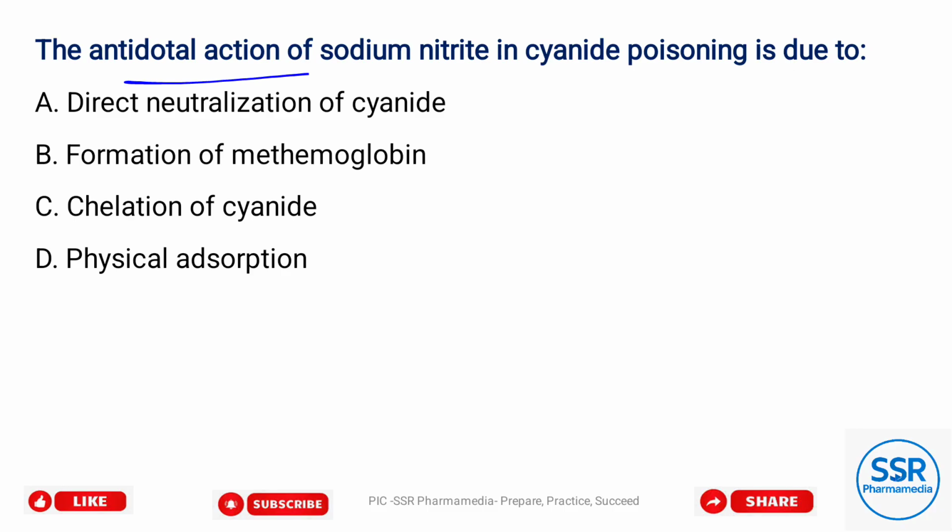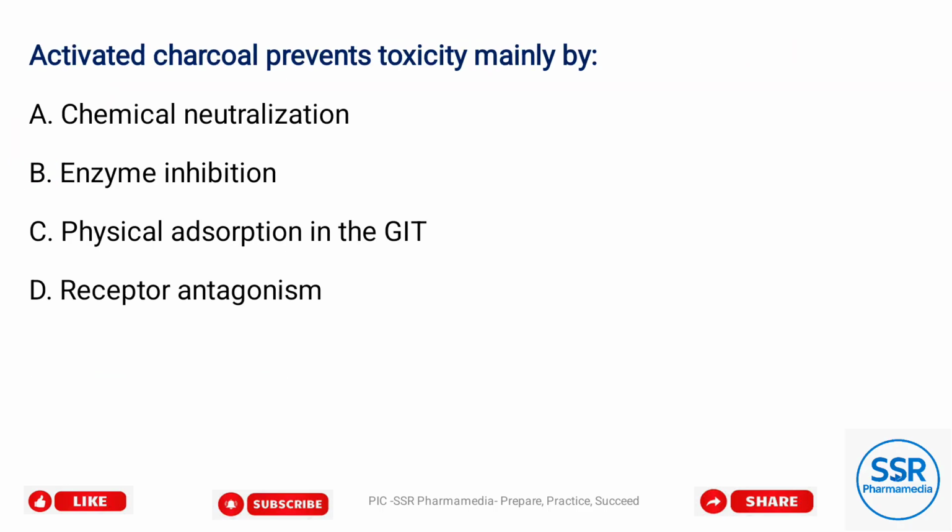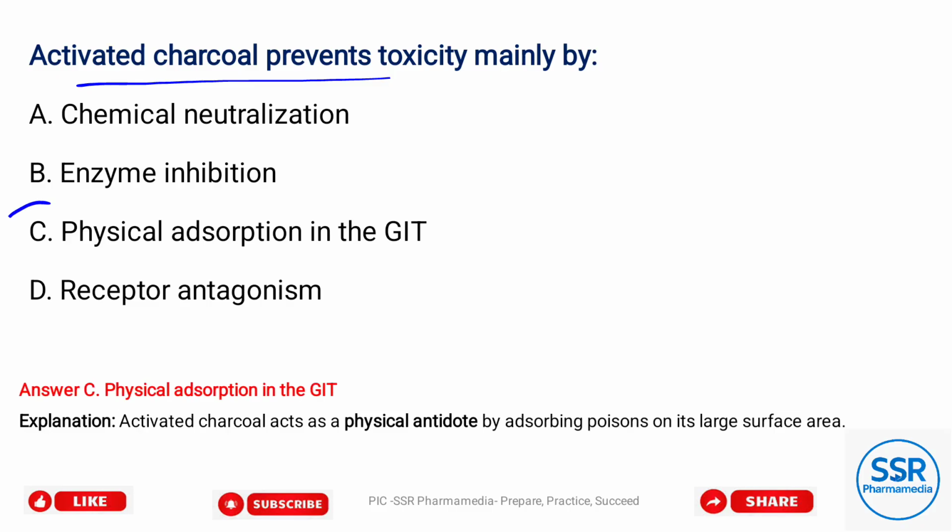The antidote action of sodium nitrate in cyanide poisoning is due to option B, formation of methemoglobin. Activated charcoal prevents toxicity mainly by option C, physiological adsorption in GIT.